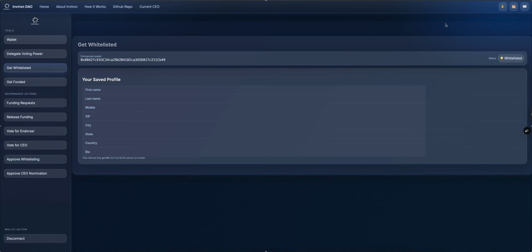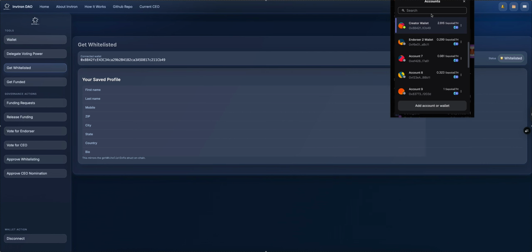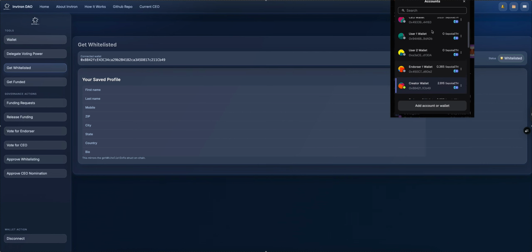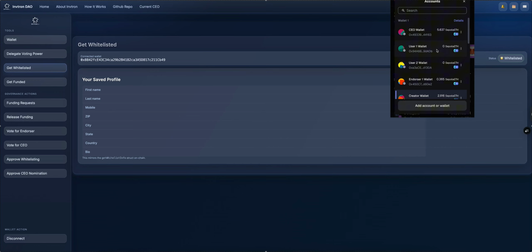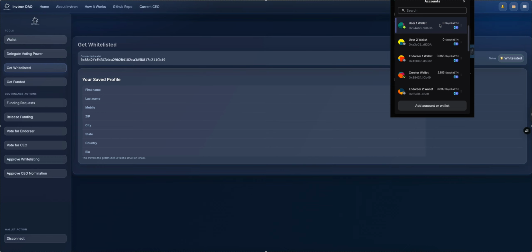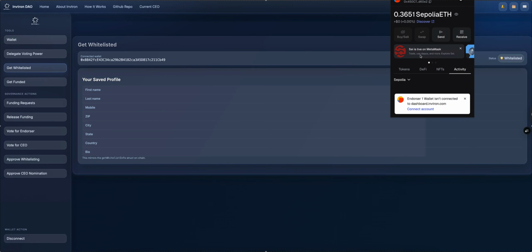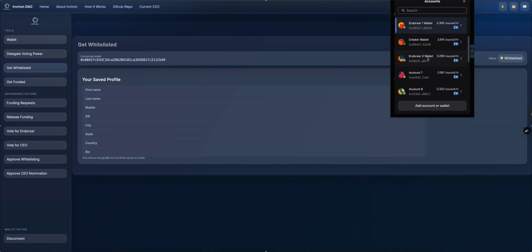But generally speaking, if you want to whitelist, let's change the wallet here and try another wallet. Let's try to whitelist this wallet. But this wallet does not have Sepolia. It will not work. Let's send it some Sepolia and then whitelist it.